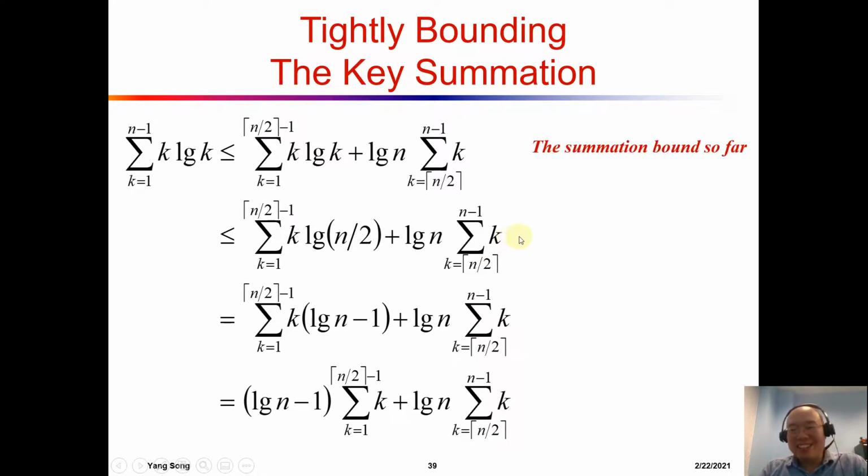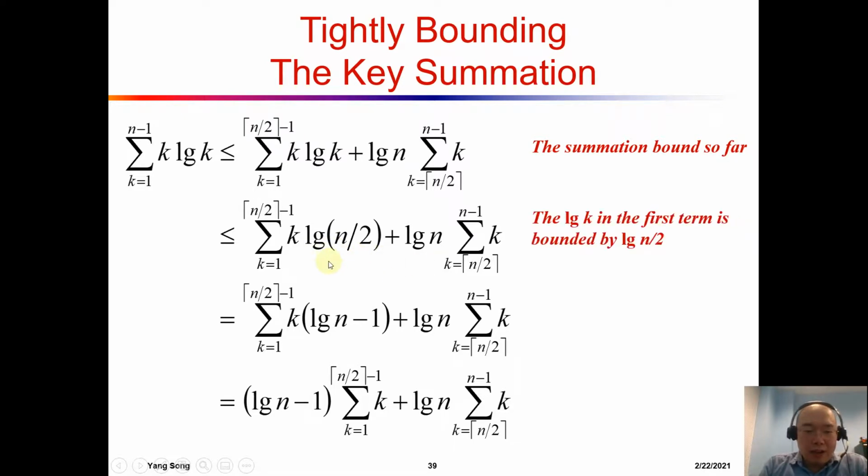Okay, so this is the summation we want to solve, and how do we do that? How about we work on the left side for now? Remember we are doing this summation from k equals 1 all the way up to half n. So instead of log k here, I use log of half n.